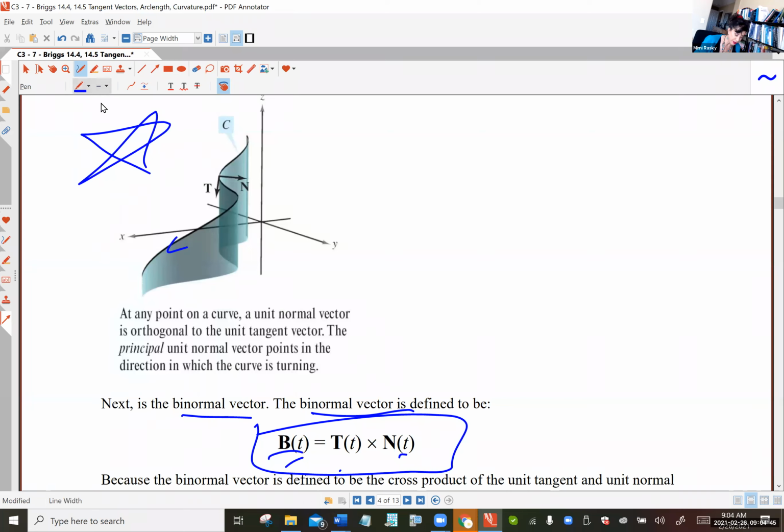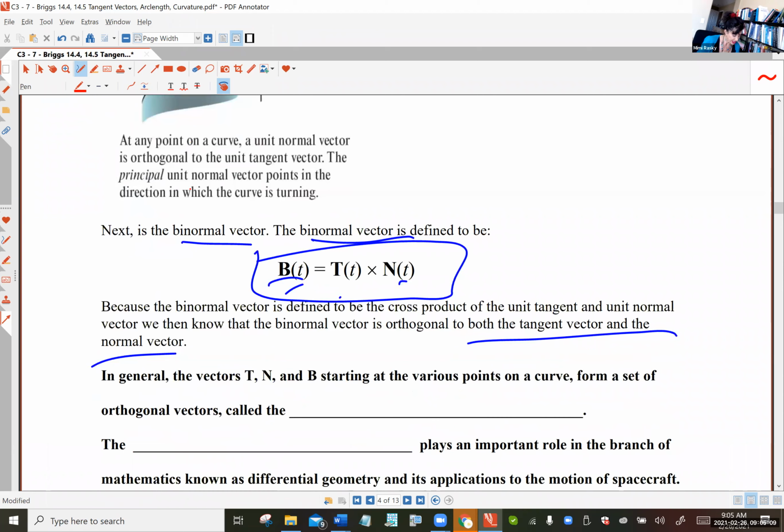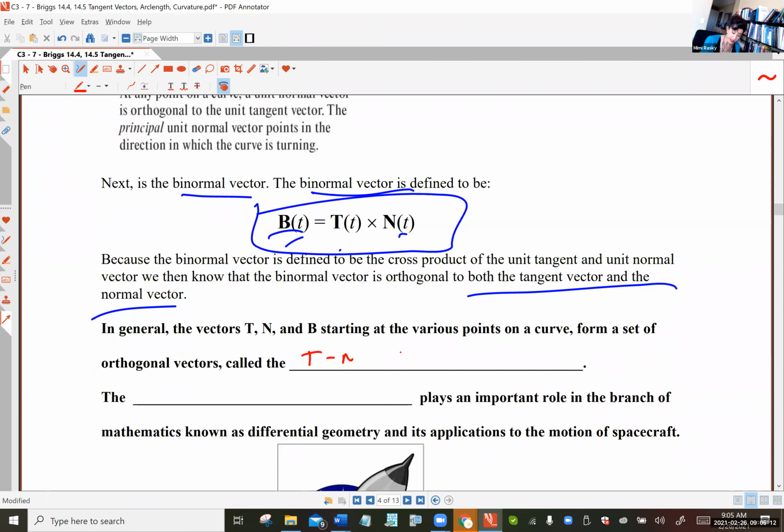Well, if you did the cross product of T and N, big B would be pointing this way, up, because it's orthogonal to T and N. And what physics people are really into is that no matter where you are on any point of the curve, let's say I'm right here, you've got your T, you've got your N, and then big B follows along. So you have something called the TNB frame. The TNB frame. I don't make this stuff up, people. I report it. Physics people are really into this TNB frame.